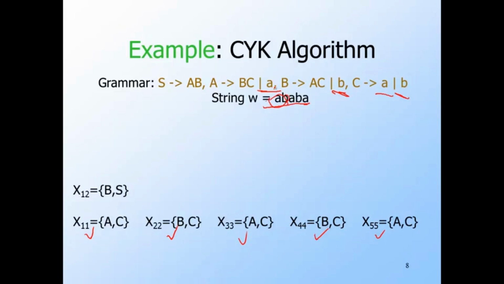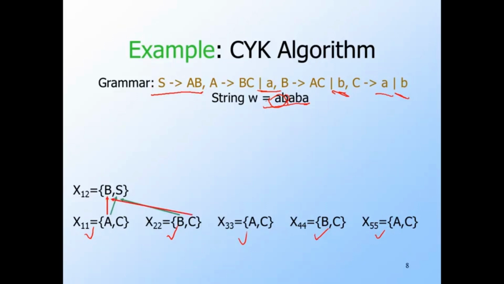That is, the only way to derive a string of length 2 in a CNF grammar is to use a production where one variable is replaced by 2, and each of these variables derives one terminal. So the reason S is in X_12 is that A is in X_11, B is in X_22, and S goes to AB is a production.